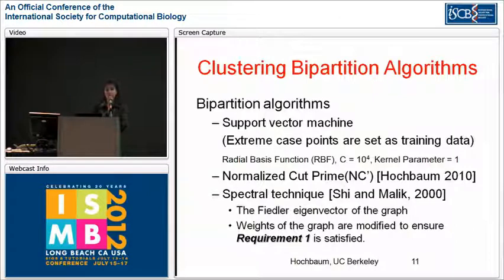Another algorithm that has been successful in image segmentation is called Normalized Cut Prime, and I'll give you some detail on that a bit later. Another technique that is very common is the eigenvector technique, or spectral technique. Again, it's borrowing from image segmentation.